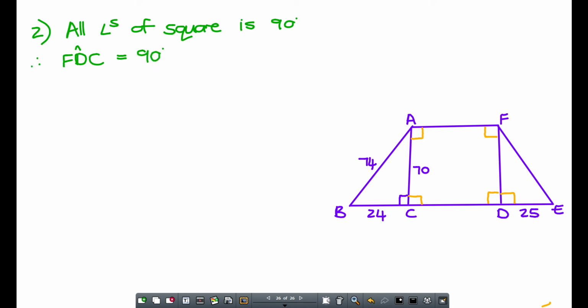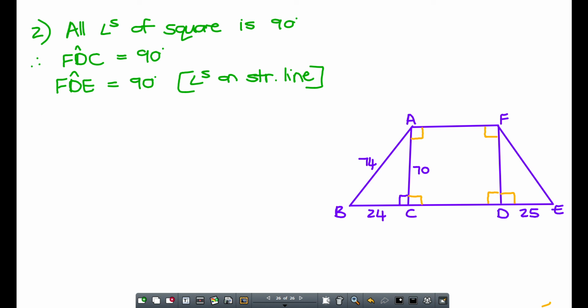Then we say FDE will then also be 90 degrees because those were angles on a straight line. Good. Are you guys fine with that? No converse, nothing. They just asked me, would that be a right-angled triangle? Yes, it would be because that's going to be 90 degrees.